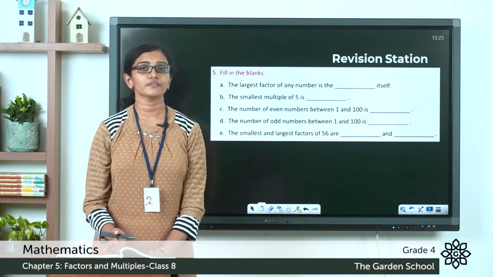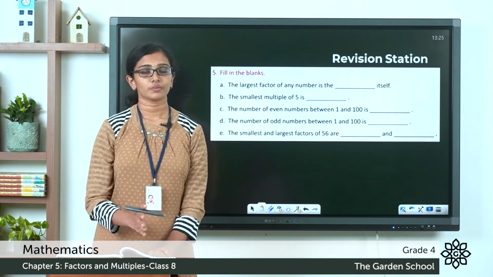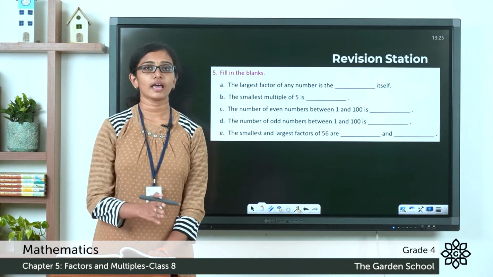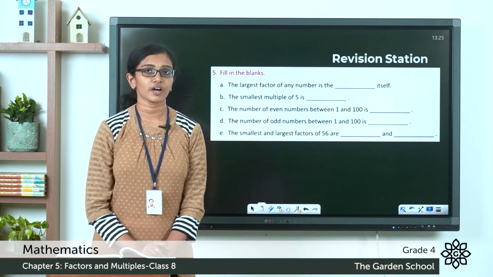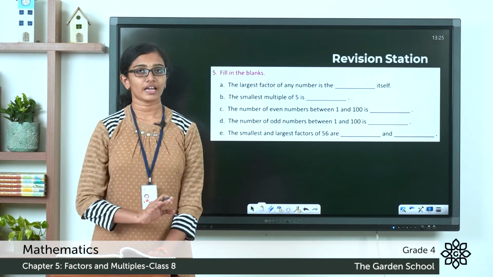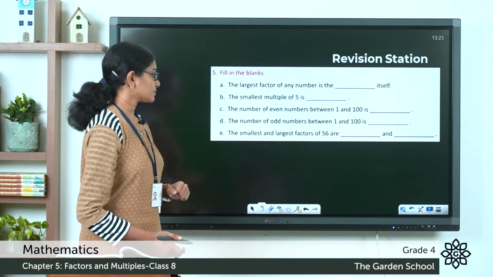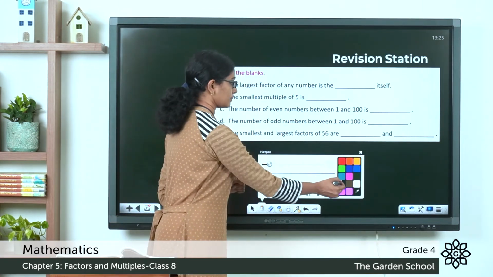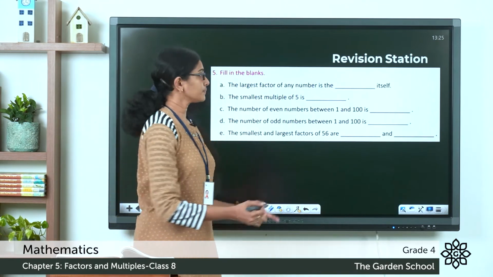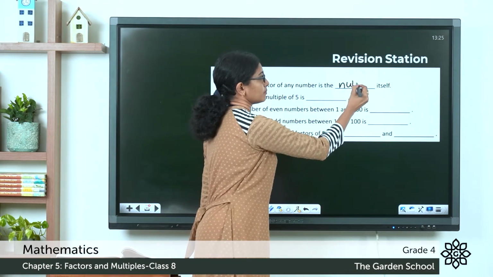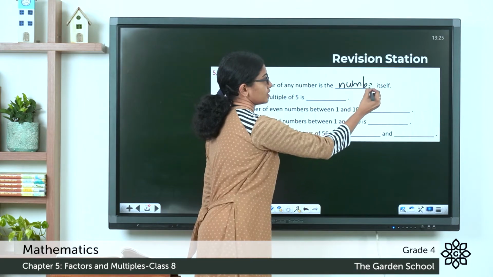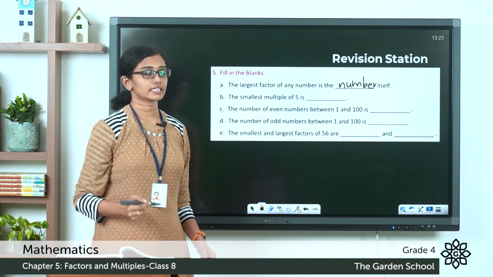And all the other factors will be numbers that come in between 1 and the number itself. So, which will be the largest factor of any given number? The largest factor will be the number itself. So, what should you write here? The largest factor of any number is the number itself. You can complete these questions in your textbook itself.